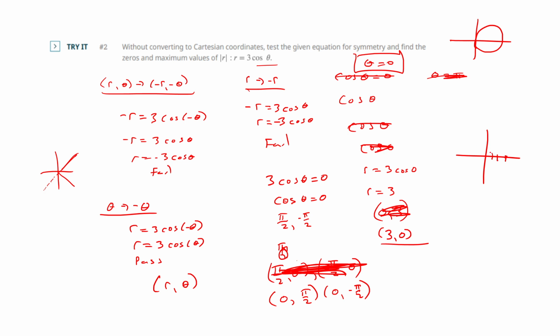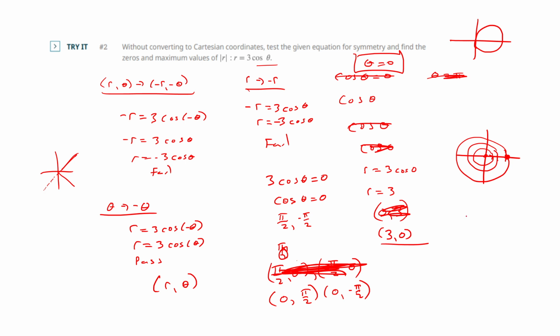I have this point right here, 3, 0. And what else do I have? I also have 0, pi over 2, and I have 0, negative pi over 2. So actually that's the same point. So there's the point right there. Those two make the exact same point.